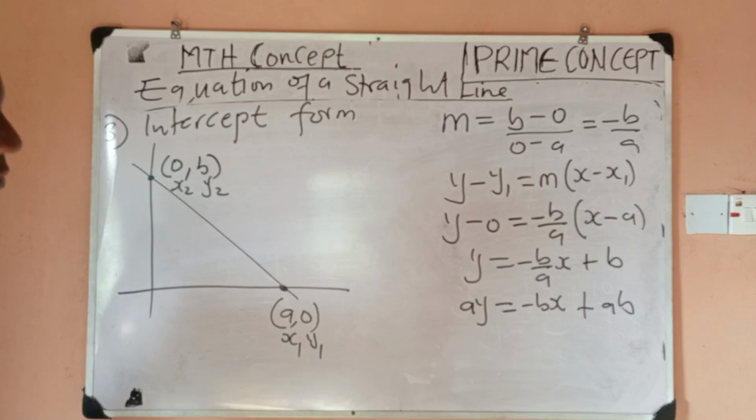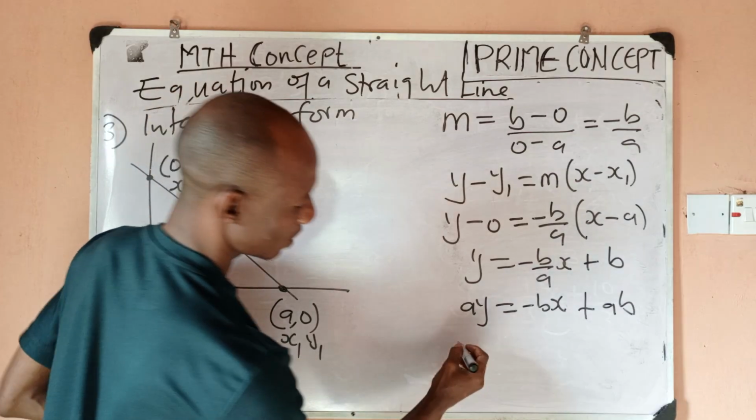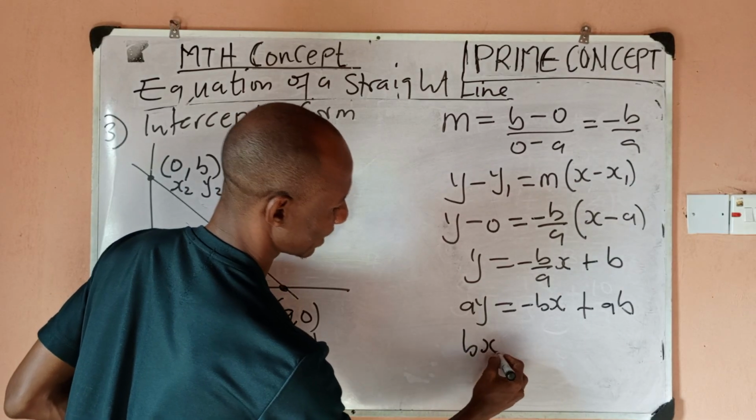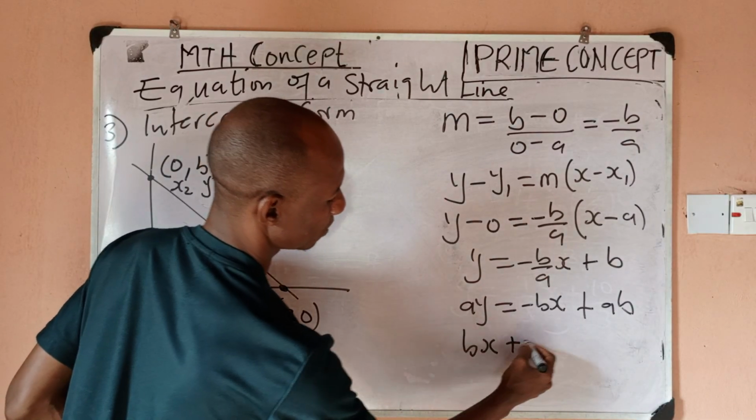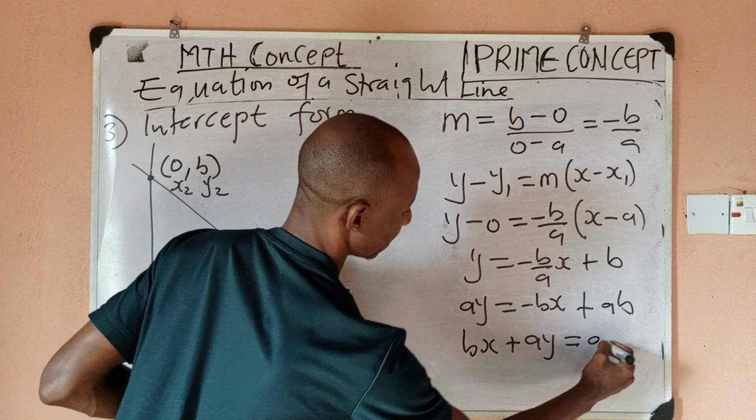Yes. If I rearrange this, I want to bring this to this side, I would have bx plus ay equals ab.